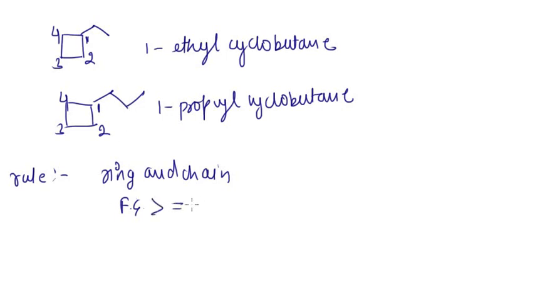Then we look at where the double or triple bond is present. If neither is present, then we look at the number of carbons. Where the number of carbons is more, that will be our principal carbon chain.